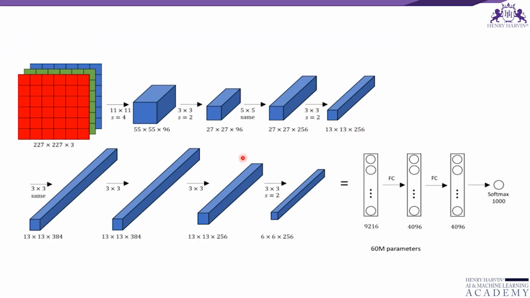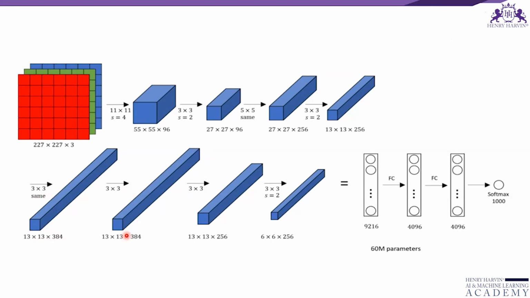Then we have three consecutive convolution layers. You can see, of which the first convolution layer has a kernel size of 3 cross 3 with padding equal to 1 and 384 kernels. It gives you 384 feature maps of size 13 cross 13, which passes through the next convolution layer. In the second convolution, the kernel size is again 3 cross 3 with padding equal to 1 and it has 384 kernels.